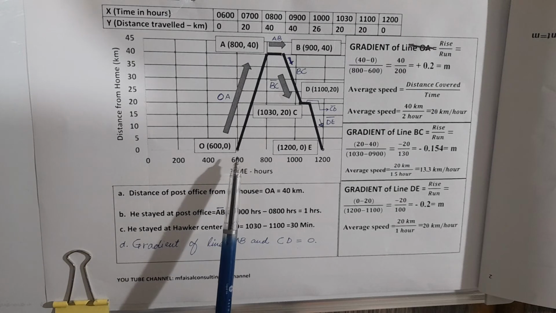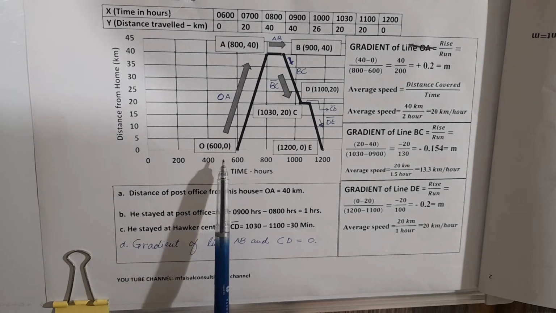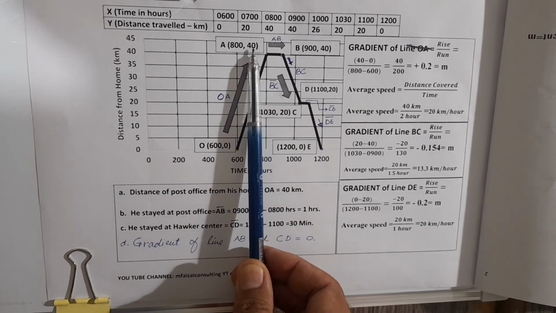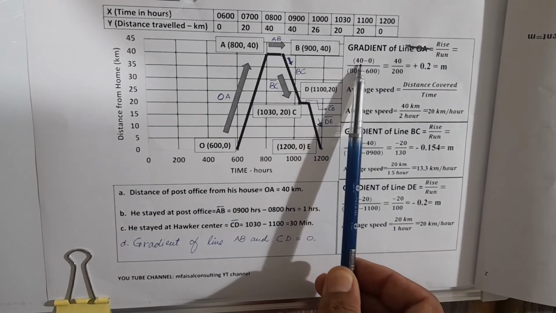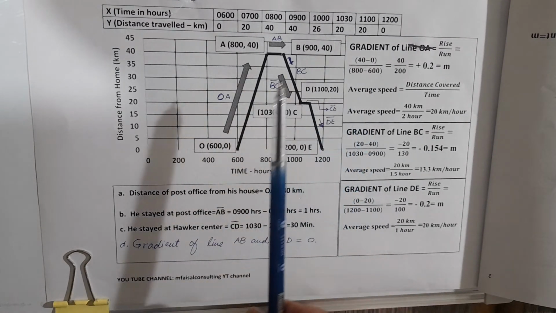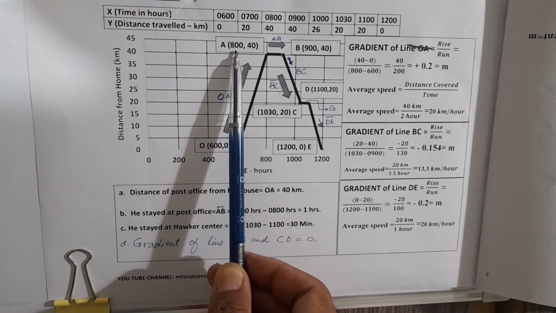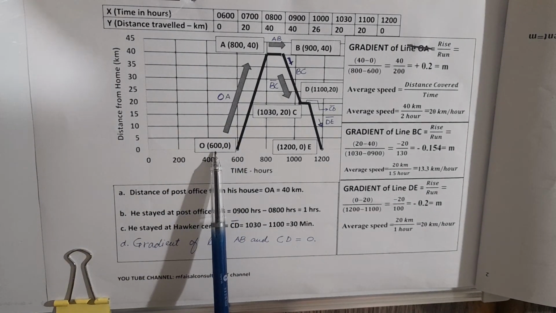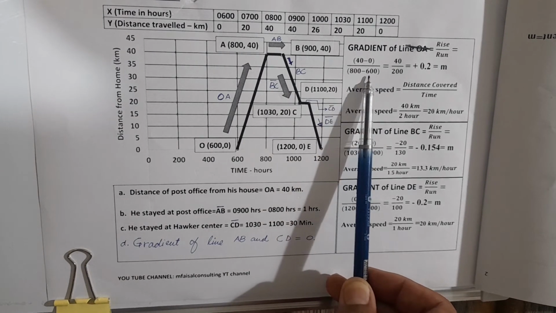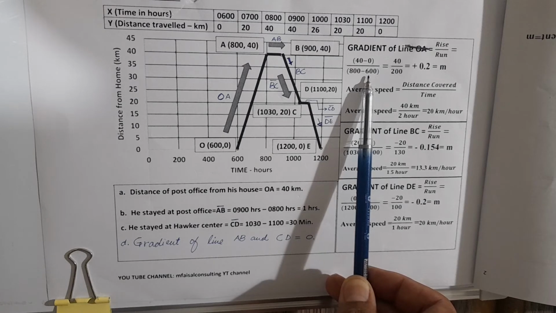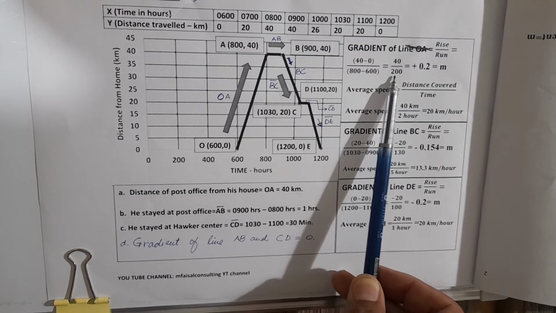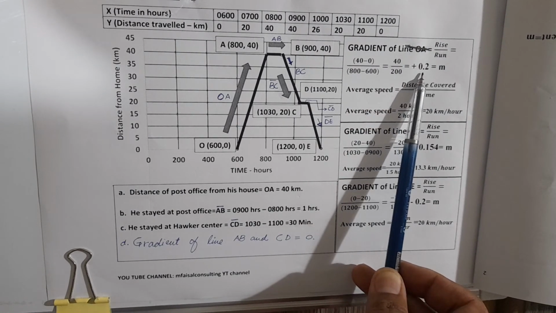Initial position on y-axis is 0, final position on y-axis 40, so final position on y-axis 40 minus initial position on y-axis 0, divided by final position on x-axis 800 minus initial position on x-axis 600. So 40 minus 0 is 40, 800 minus 600 is 200. So this gradient is 0.2 meters.